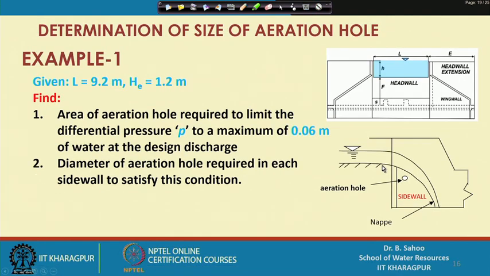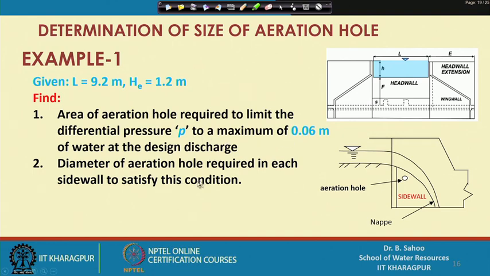Now, coming to determination of size of aeration hole. This is one problem, an example is given. In this case the value of L is given as 9.2 meter, h_e equal to 1.2 meter, and you have to find the area of aeration hole required to limit the differential pressure p to a maximum of 0.06 meter. So, that means here small p equal to 0.06 meter.